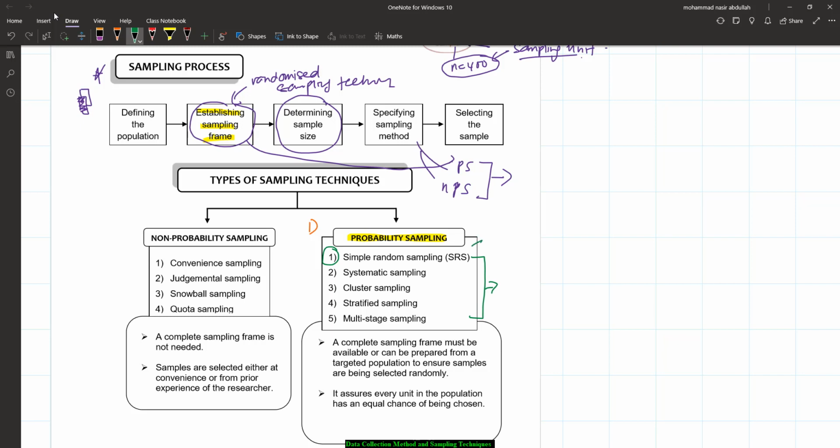This is the most fundamental, the most basic. Then we have systematic sampling techniques, cluster, stratified, and multi-stage. Right. So the important part is simple random sampling. That's what we call simple. This is the most basic. Right.